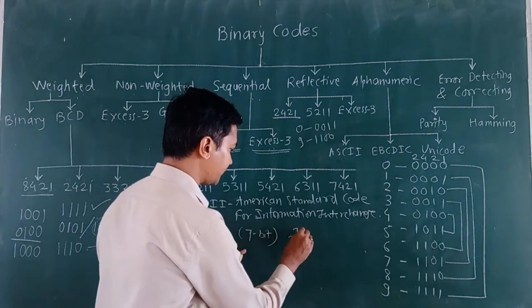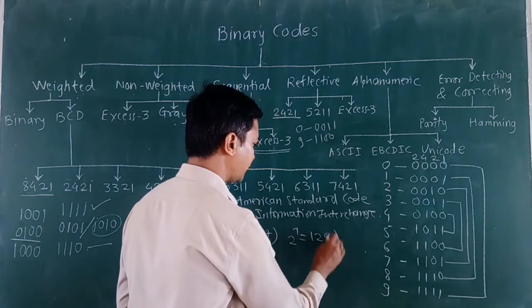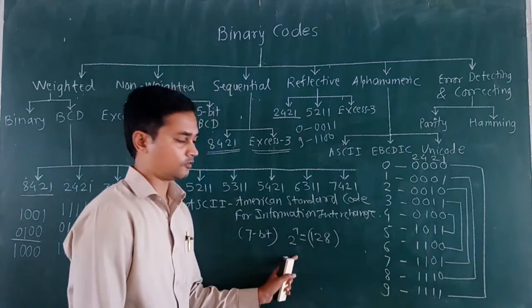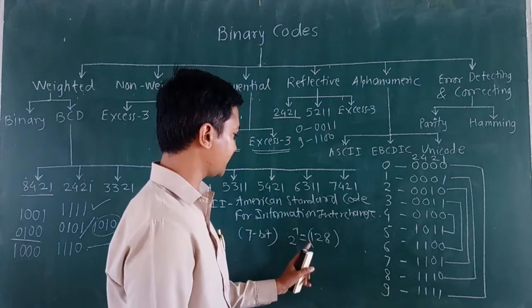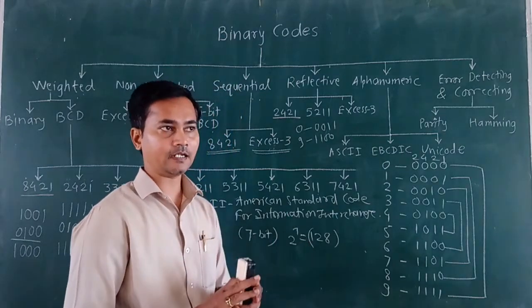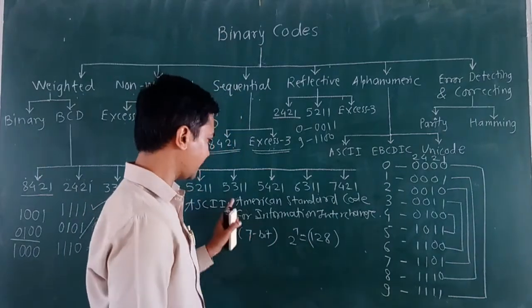So 2 raised to 7 gives a total of 128 combinations. So you can represent any alphabet, any digit or any symbol using ASCII codes.